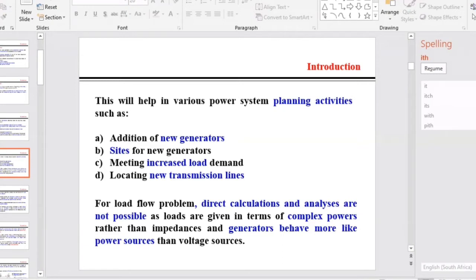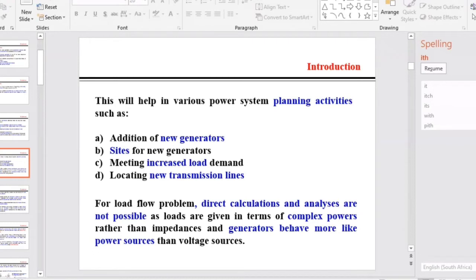The reason is that so far we have been solving power system problems in our various modules, where there are generators and we are given some impedances, then we calculate current, power, and losses and things like that.